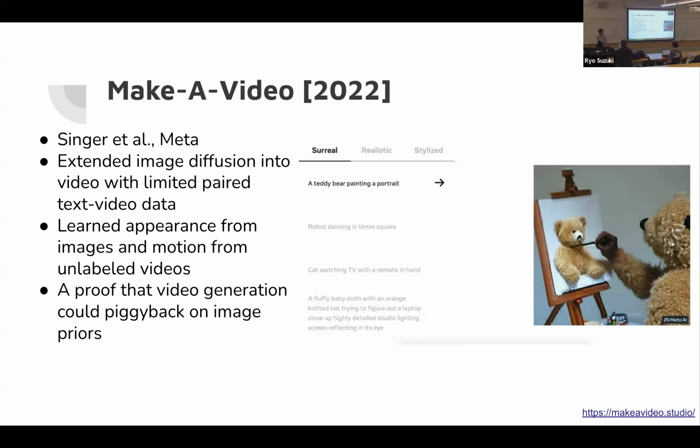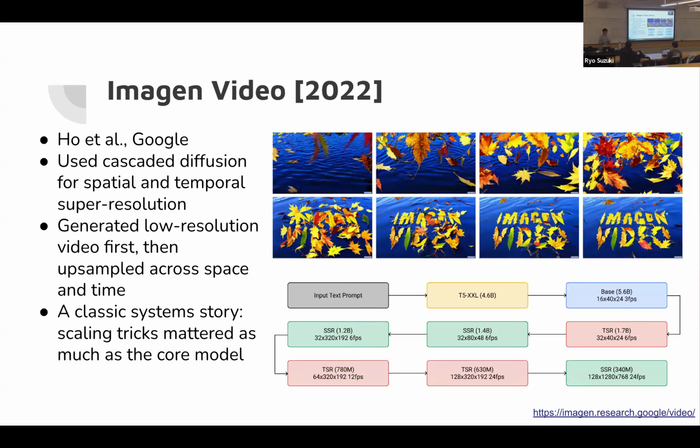And interestingly, one week after Make-A-Video from Meta, Google also released Imagen Video. That was also the first video generation model from Google. The approach is pretty much the same, but the key innovation here is that they try to do step-by-step generation.